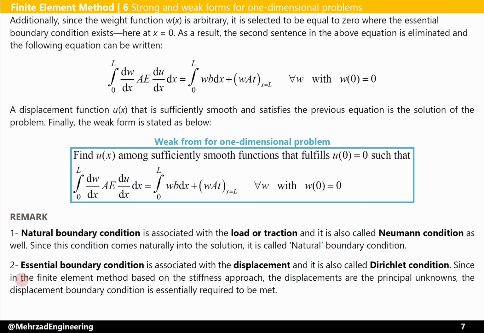Since in the finite element method based on the stiffness approach, the displacements are the principal unknowns, the displacement boundary condition is essentially required to be met, and that's why it is called essential boundary condition, and we apply it directly.